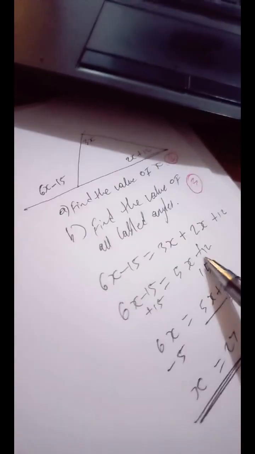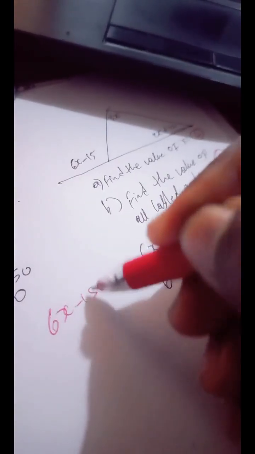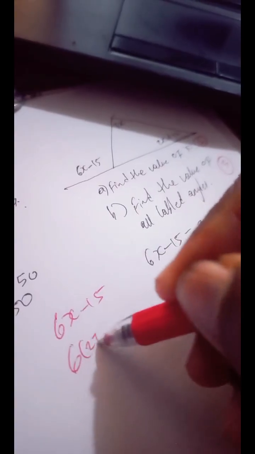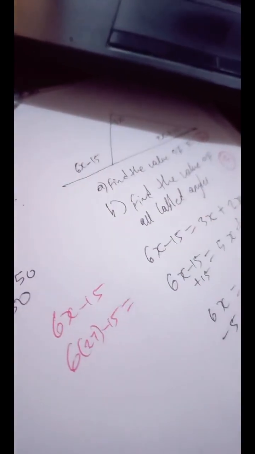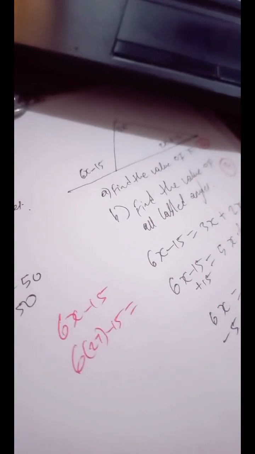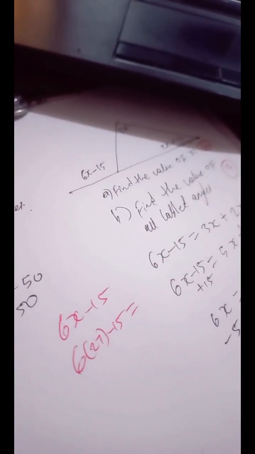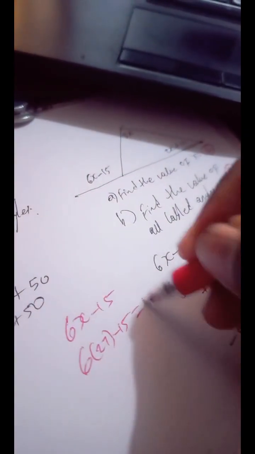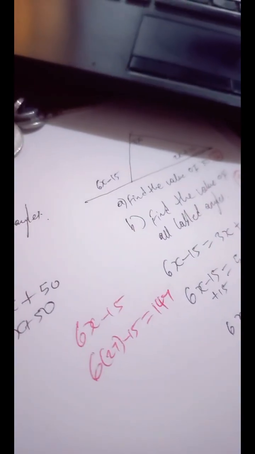Right. From there, we now find the value of the labeled angles, which is this and this and this. So we have 6x minus 15. x is 27, right? So 27 times 6 minus 15 is 147.